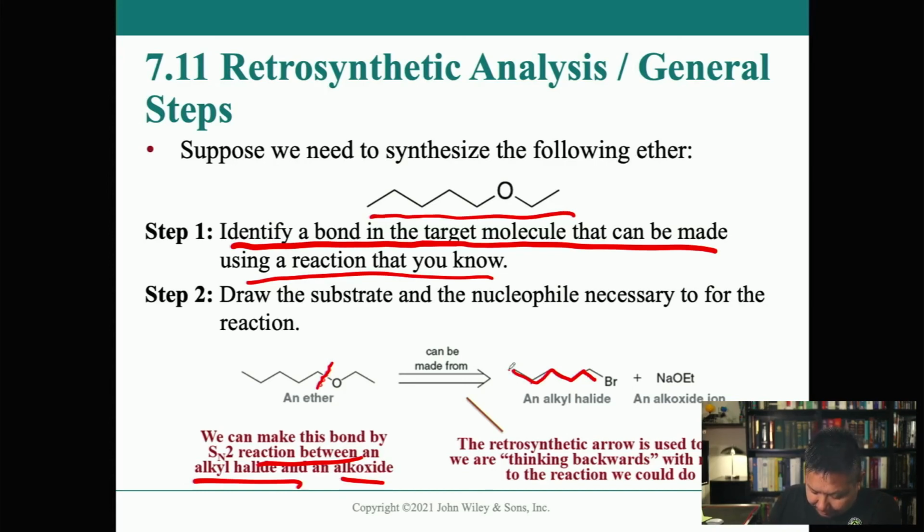The retrosynthetic arrow is used to show that we're thinking backwards in regards to the reaction that we can do, right? And if you think about this as being the starting material, because it is a starting material, you'll have the methoxide ion right here from sodium methoxide. And it will do a nucleophilic substitution right there.